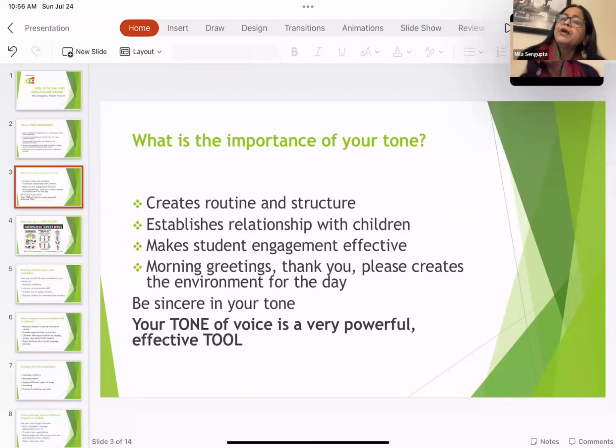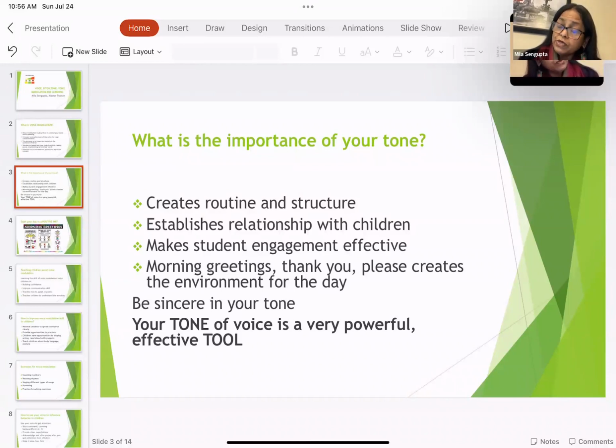So talking about starting your day, your morning greetings, good morning, or whatever way you want to start your day, or teaching children to say thank you or please, it also creates the environment. From the morning greetings to the whole flow of your classroom, it is very effective, because it creates that positive climate in your classroom.